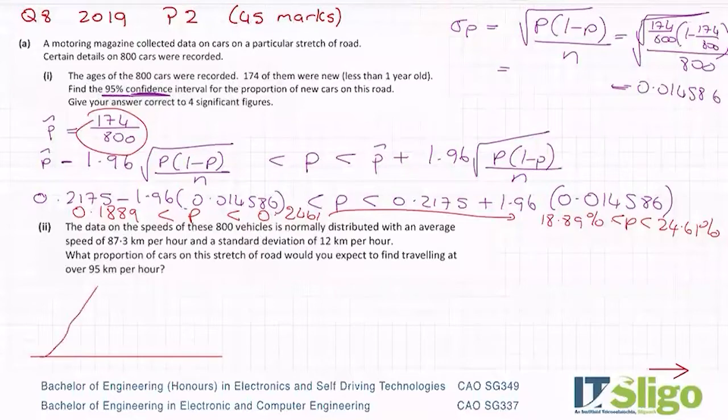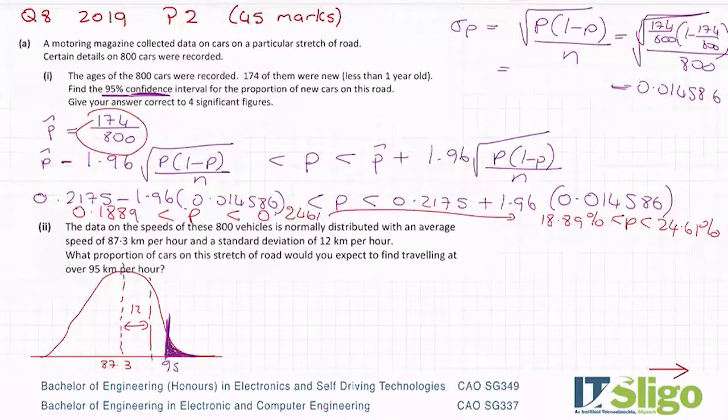So start thinking z-scores. It may not always be that, but start thinking of that, especially when they give you a mean, a standard deviation, and a value to test.